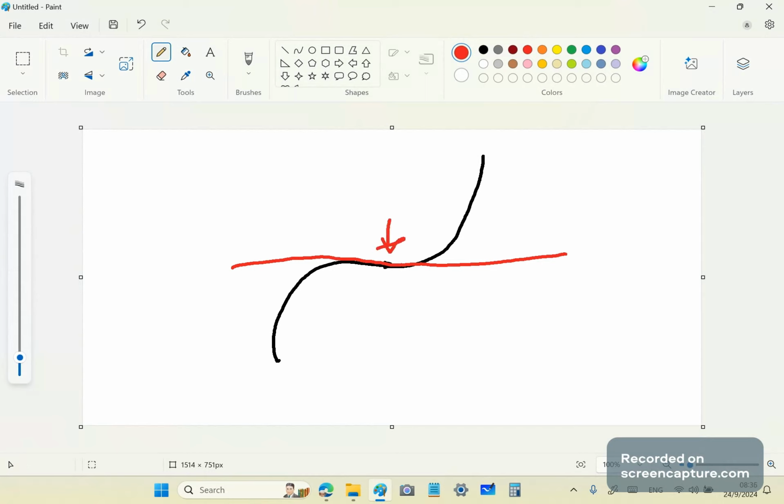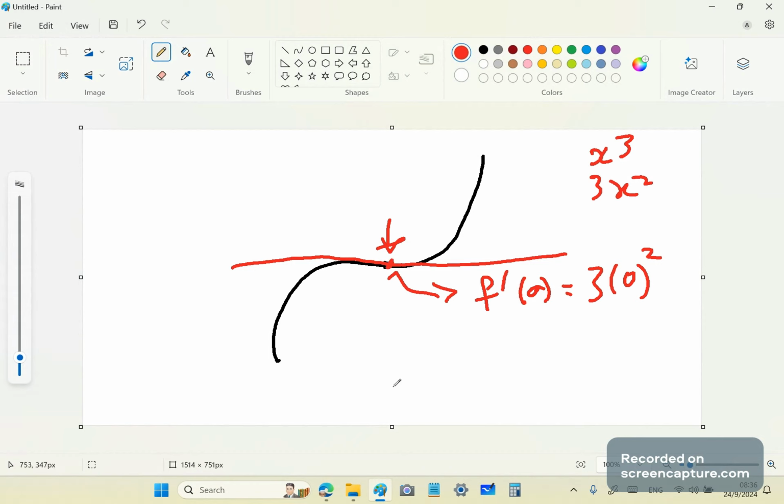So effectively, you're saying that the derivative there is f of 0, which is equal to 3 times 0 squared, right? Because the derivative of x cubed is 3x squared. But you're making a big mistake, because there is no derivative at this point here.